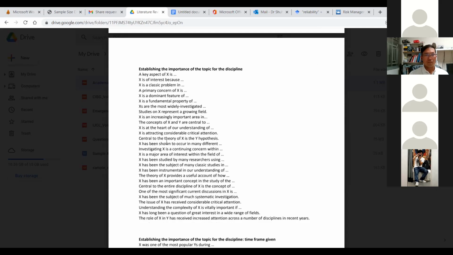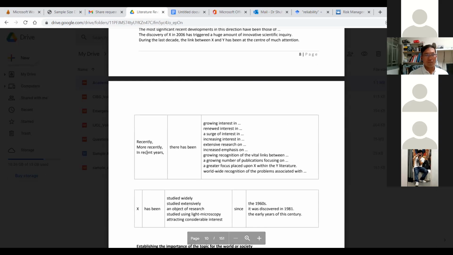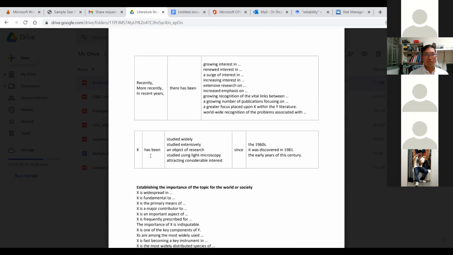So a lot of connecting words. X means in the place of X, you just put your idea. So it will be a lot of connecting words. You can write easily. See here. Recently, there has been a growing interest in property management. Then you can add your sentences. Property management has been studied widely since this.